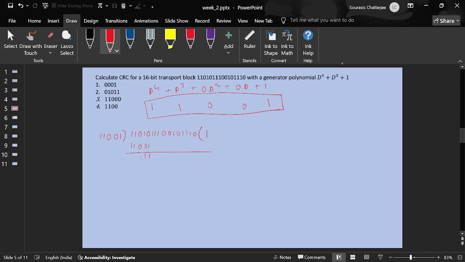This one here 0, 0. All are zeros, so we are ignoring them. So how many bits do we need to bring down here? 3. So all are 1.